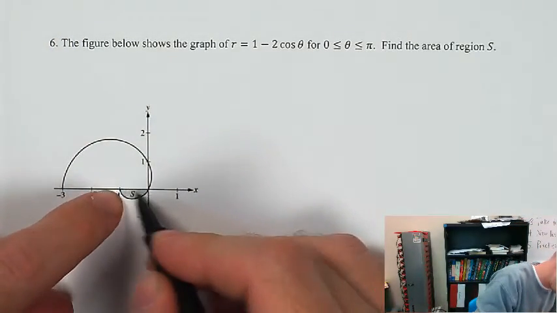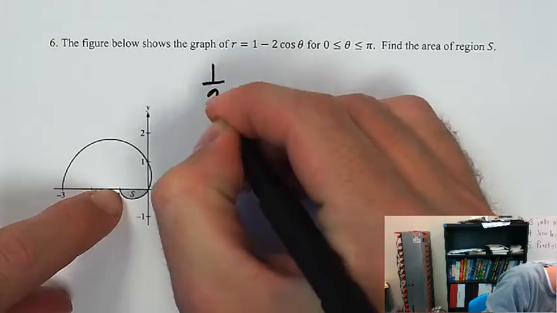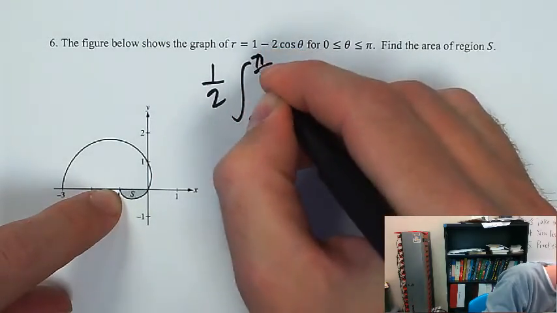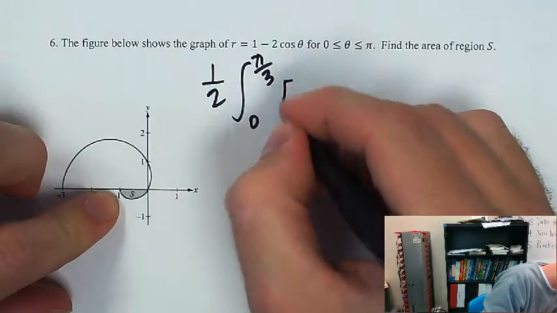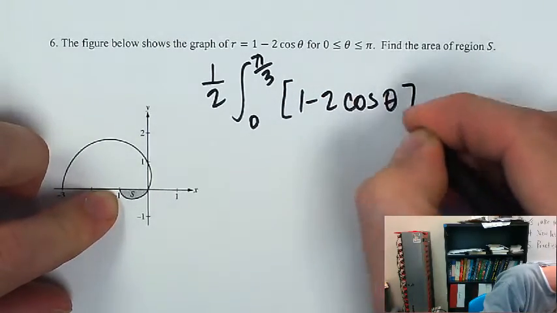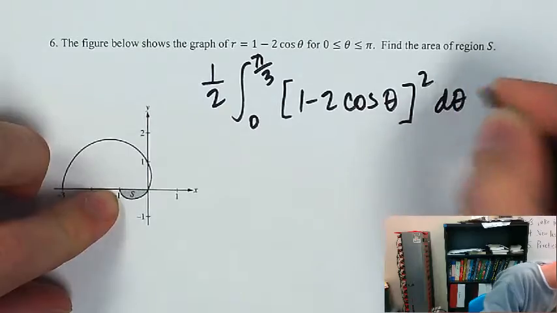So it would be 1/2 of the integral from theta equals 0 to theta equals pi over 3 of r squared d theta.